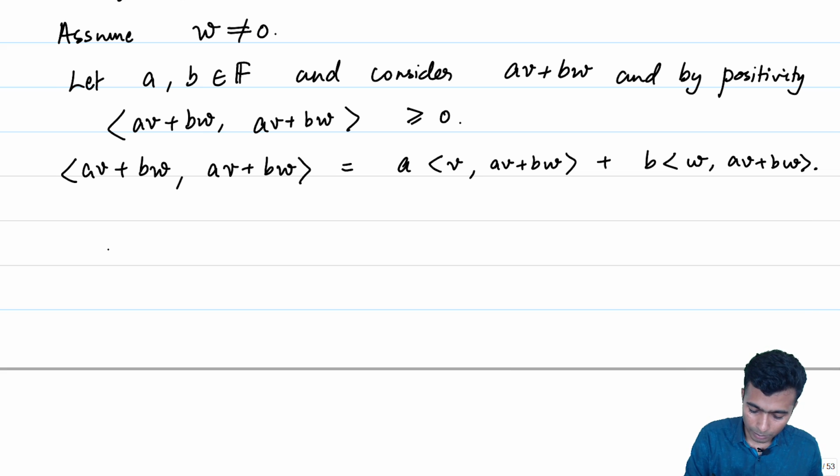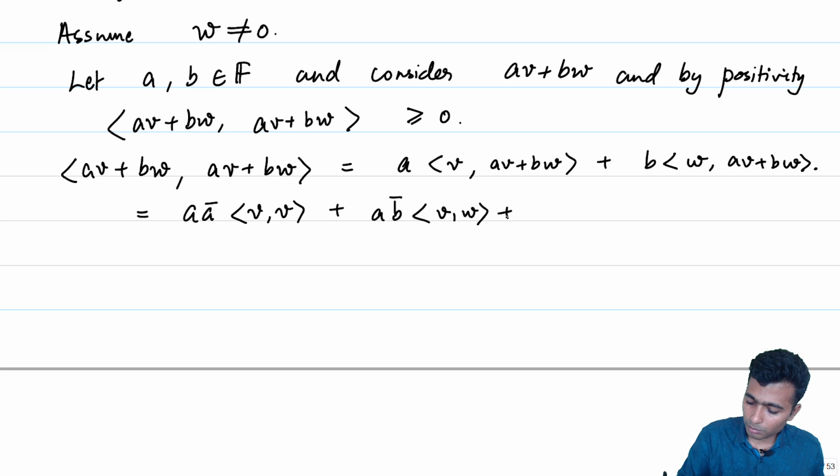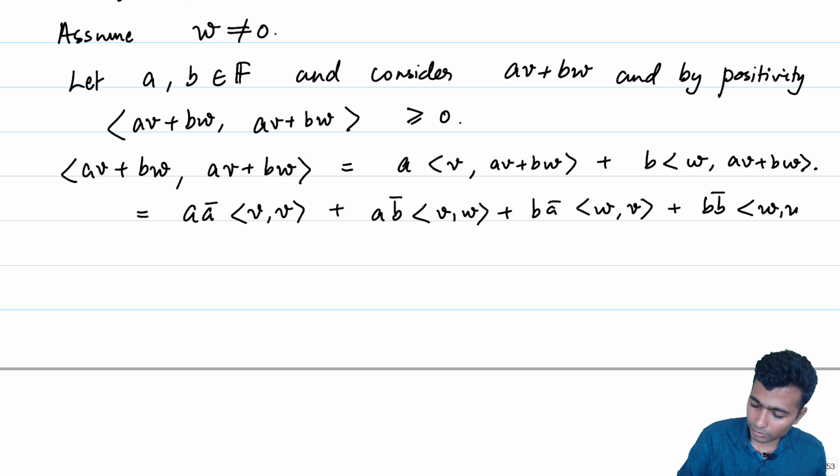And pushing it more, this will just be equal to A bar inner product of V with itself plus AB bar inner product of V with W plus BA bar inner product of W with V plus BB bar inner product of W with itself.